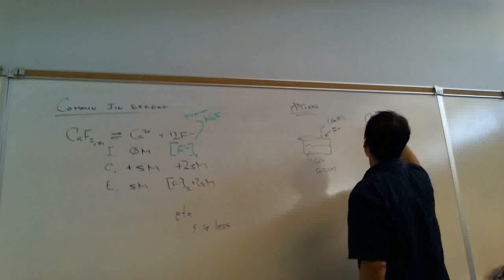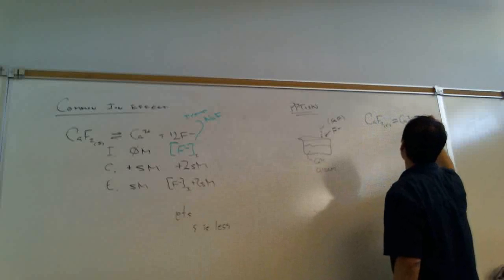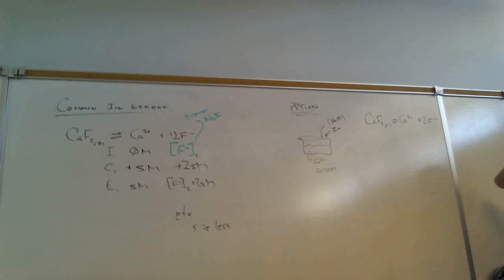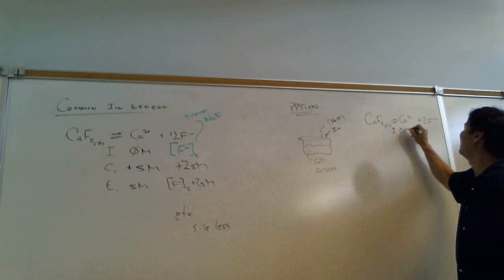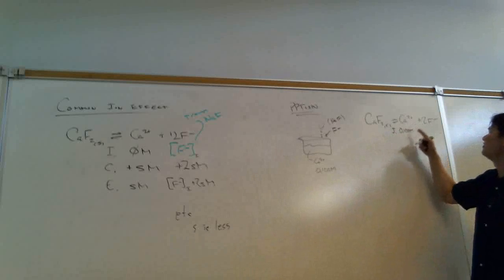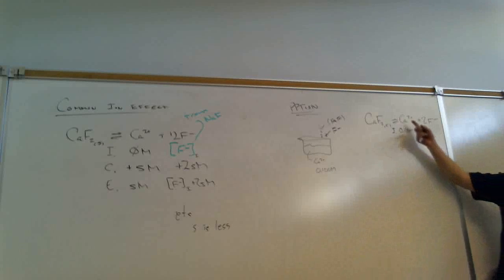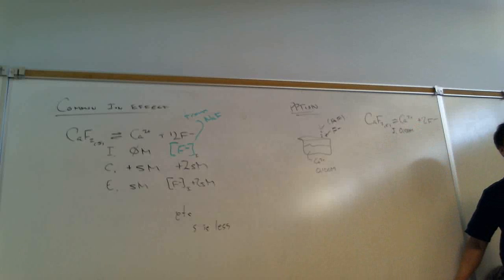So I have calcium chloride, solid. This is going to go to calcium ions and fluoride ions. And so basically now I have 0.100 molar calcium 2 plus. So if I have 0.100 molar calcium 2 plus, how much fluoride do I need to precipitate all that out?